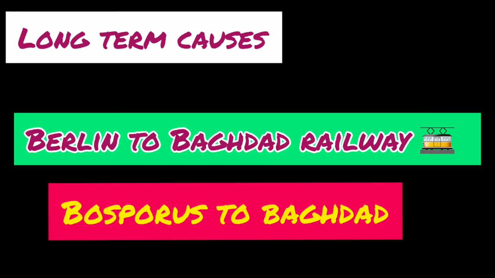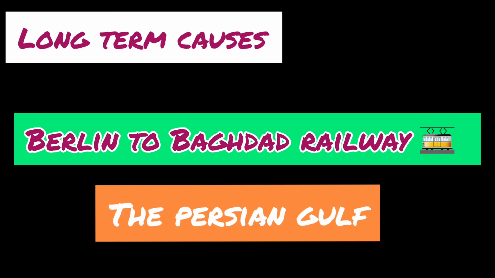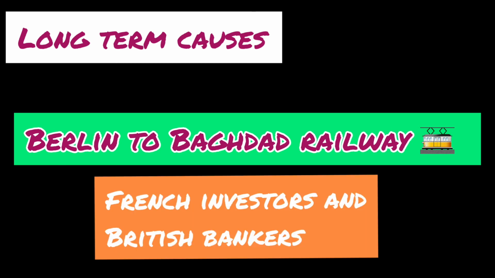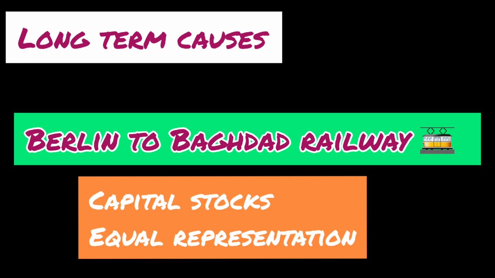The Berlin to Baghdad Railway was a project from the Bosphorus to Baghdad that extended to the Persian Gulf so as to open a shorter road to India. It was a very big project, so German capitalists invited French investors and British bankers. Each one was going to receive the same portions of capital stock and also equal representation in the board of directors.